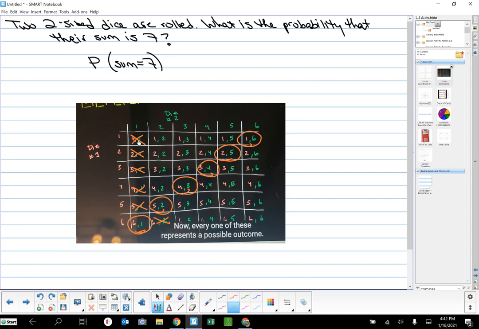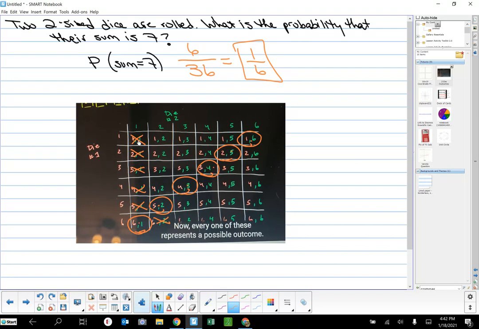So also, you'll notice that we have 6 and 6. So we have a total of 36 possible rolls, and we have 1, 2, 3, 4, 5, 6 that are 7s. So we have 1/6 as the probability that you have a sum of 7.